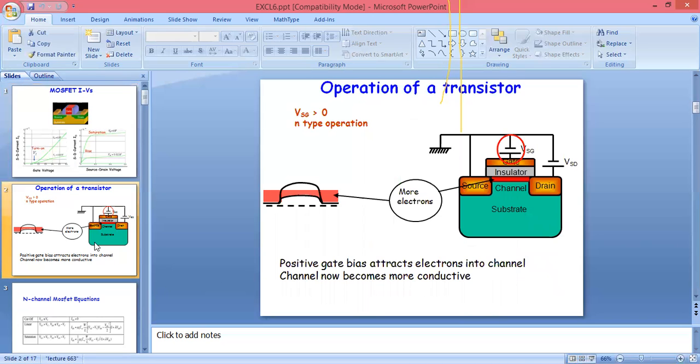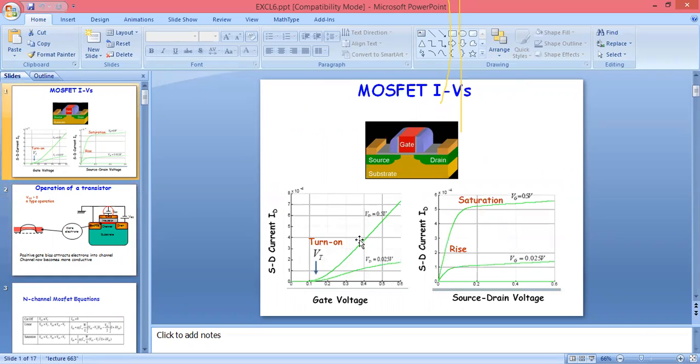If we are not applying any input voltage to the gate to source terminal, then we are not getting any output current. We are calling this region as a cutoff region. If we are giving small amount of VGS and its value is greater than threshold voltage, then we are getting ID current which is increasing linearly.